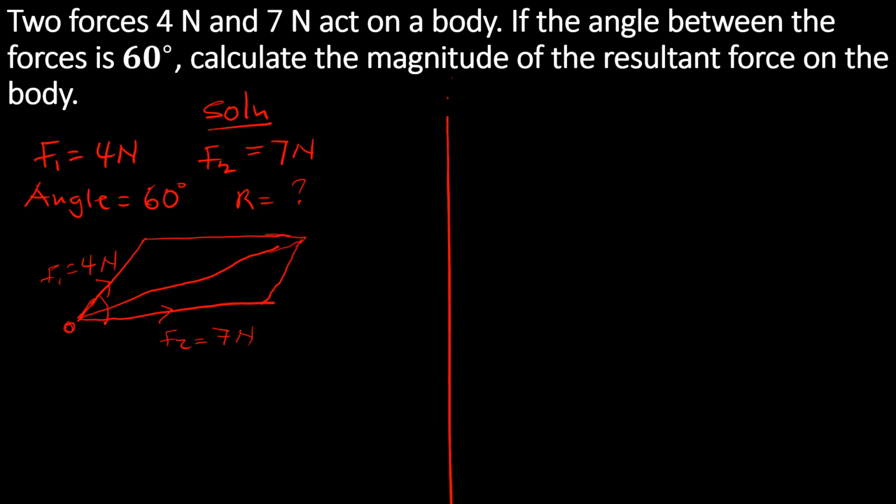Okay. Now, if the angle here is 60, meaning the angle here will also be 60 degrees. Let me write it well. So if we are to calculate the angle, let me name it so that we'll be able to identify each of them.